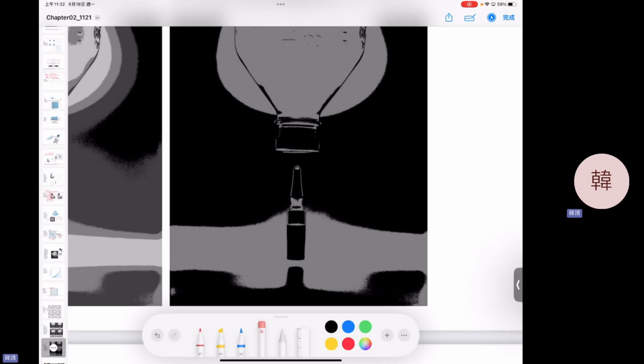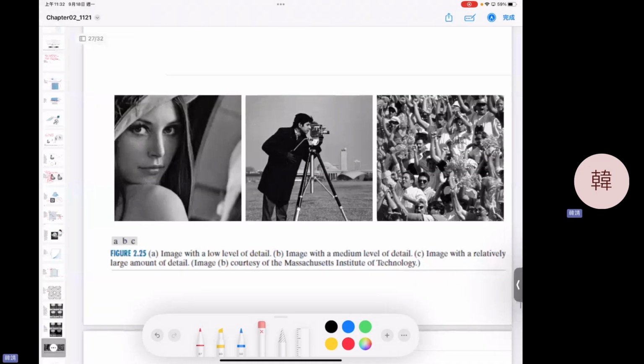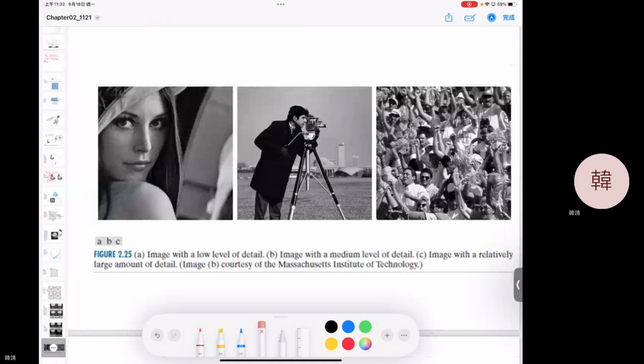So they try to evaluate whether there is any association between the spatial resolution, the size of the image, and the intensity resolution of the image. So they do some experiments. This is the very famous one. There are 3 images.